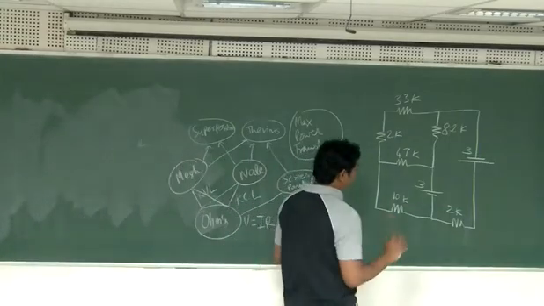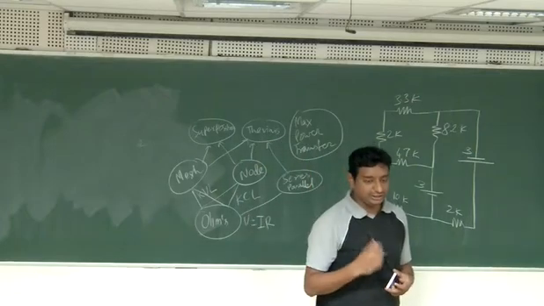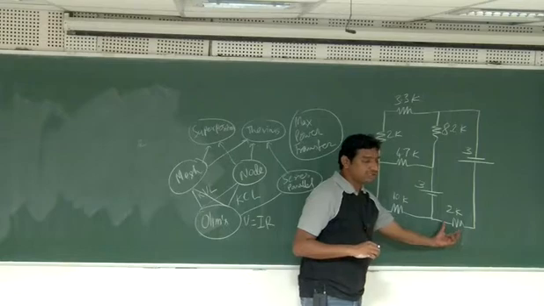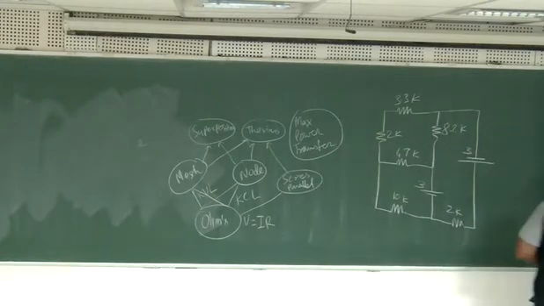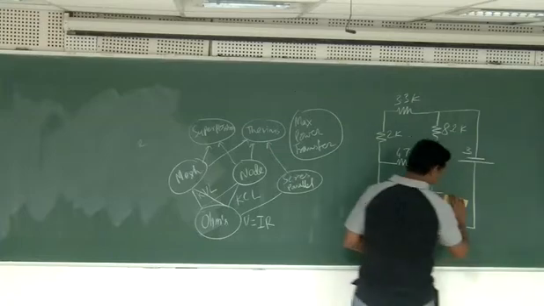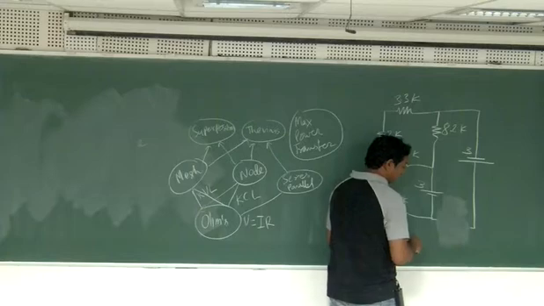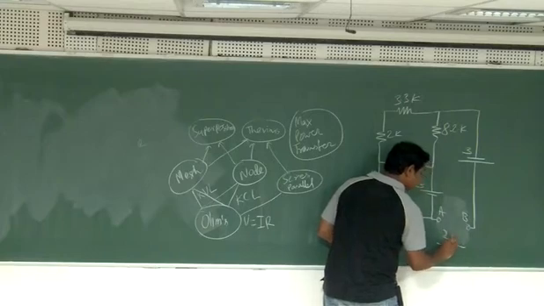Maybe we'll quickly repeat the experiment that we did last time. That is, consider this 2K as the load resistance and find out what VTH and RTH are. So what will I do? I just remove this, let's call this A, B, and the 2K is here.